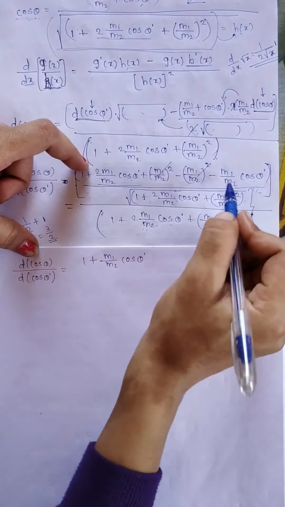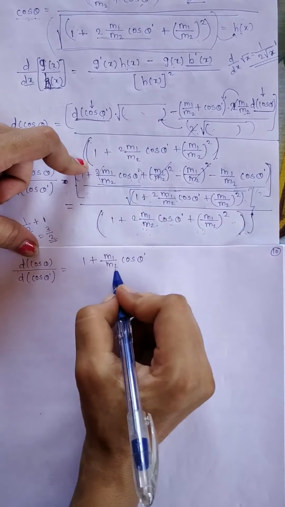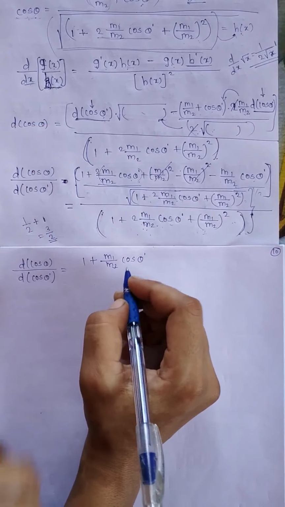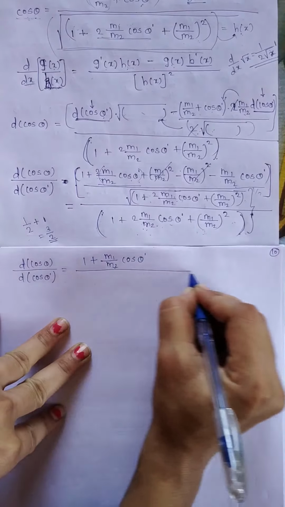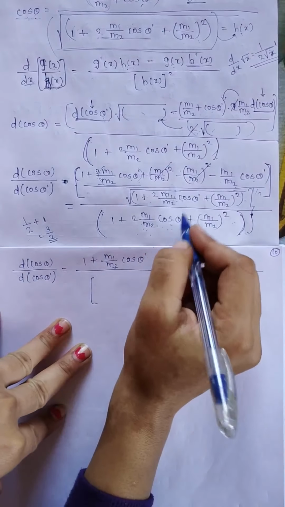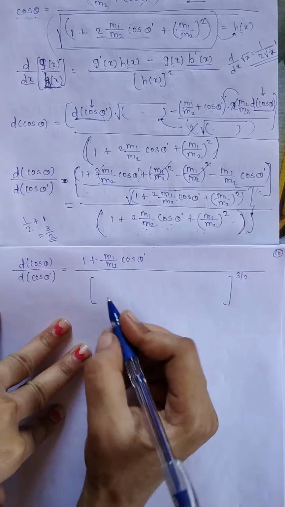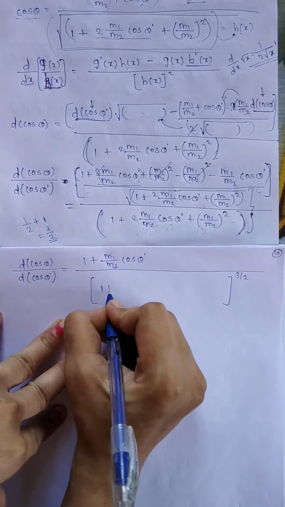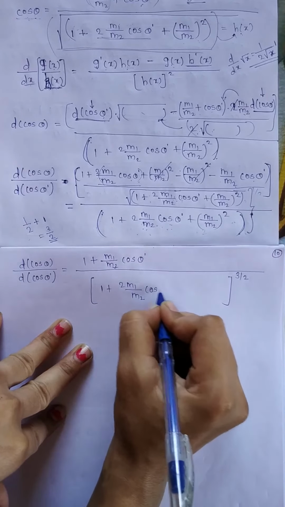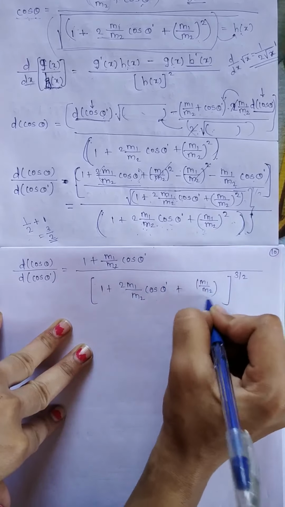We subtracted these two terms, 2 minus 1 into this quantity, we got only 1 times m1 upon m2 cos theta dash in the numerator, upon, in the denominator these two terms are same and the addition of their powers is 3 by 2 as we have discussed, and inside the bracket there is 1 plus 2m1 upon m2 cos theta dash plus m1 upon m2 and its square.